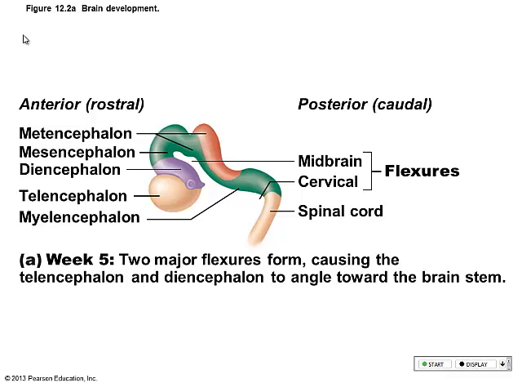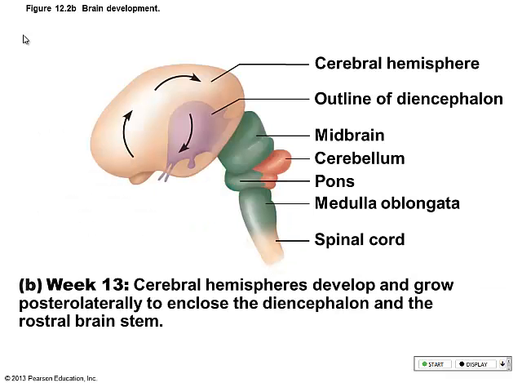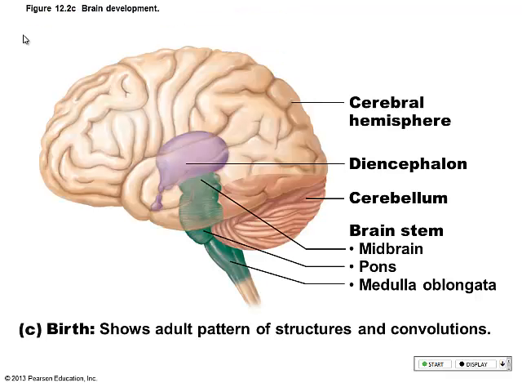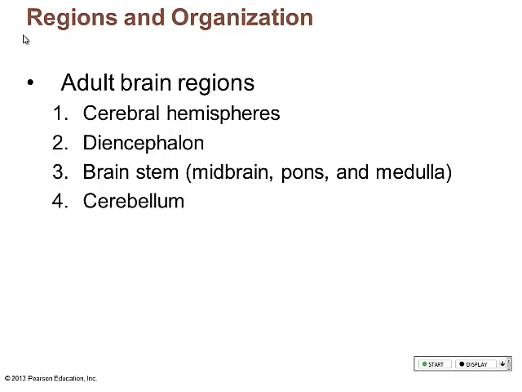So colors in this are kind of nice because it shows you consistency throughout the embryonic brain. And as we go through, we see those same colors, 13 weeks, and then, where's my other one? There we go, at birth. So the colors stay consistent here. We can see this diagram on page 430 in your textbook on figure 12.2.